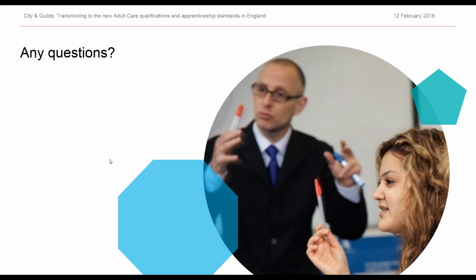And a big difference in the standards is that in adult care there's a mandatory qualification, and in healthcare support worker there isn't. They're optional. And the other thing about those two standards is that the endpoint assessment activities are very different. The healthcare support worker has 4 elements to the endpoint assessment, and I'll be talking about that in my webinar next week in detail.